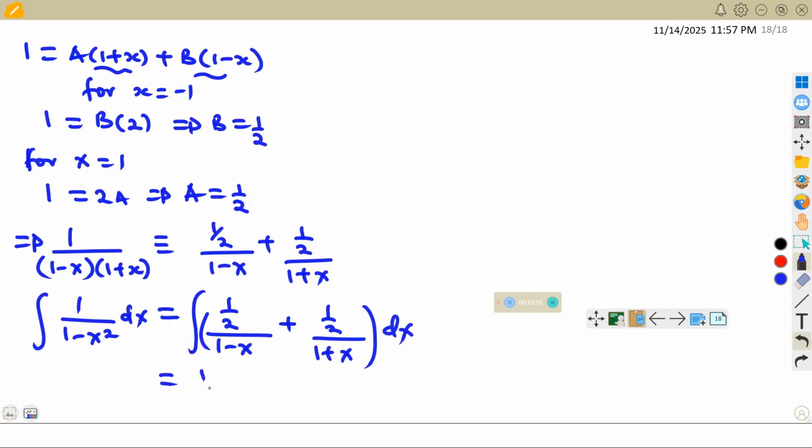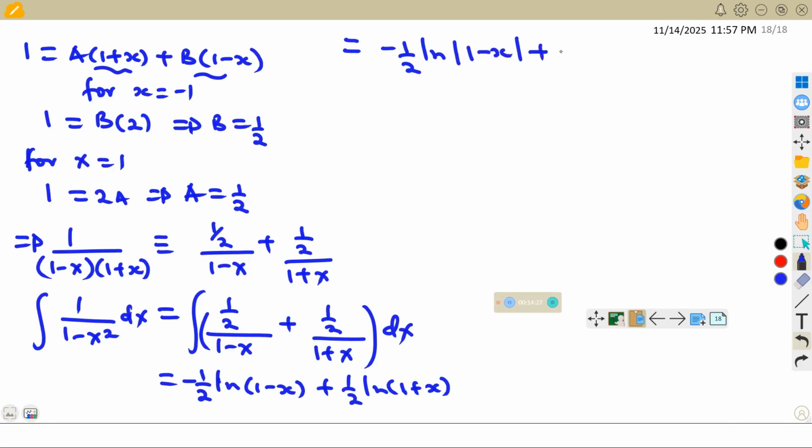So this is the same as a half times, this will be actually negative a half ln of 1 minus x, because the derivative of this is supposed to be negative 1. So plus a half ln of 1 plus x. So in other words, you can have this as negative a half ln, you can use magnitude because we want to avoid a minus here, of 1 minus x plus a half ln of magnitude of 1 plus x.